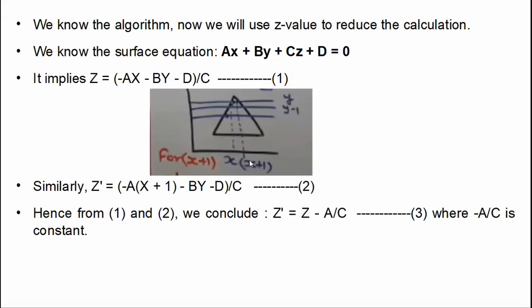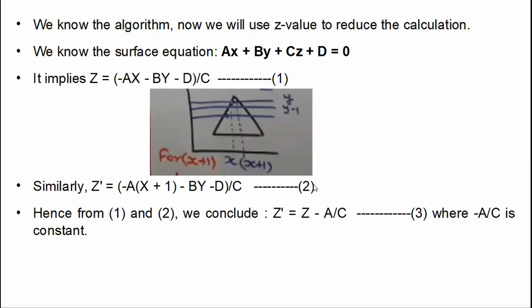But for the next x plus 1 value, I can find the z value by writing one more equation. I will just replace x by x plus 1 here. Okay. So my z dash will now be minus A, instead of x I will write x plus 1, minus By minus D divided by C. So this is my second equation.